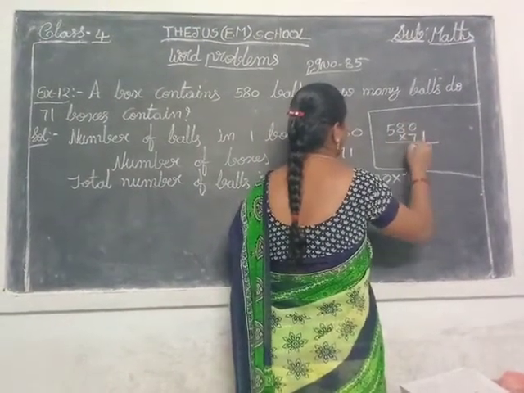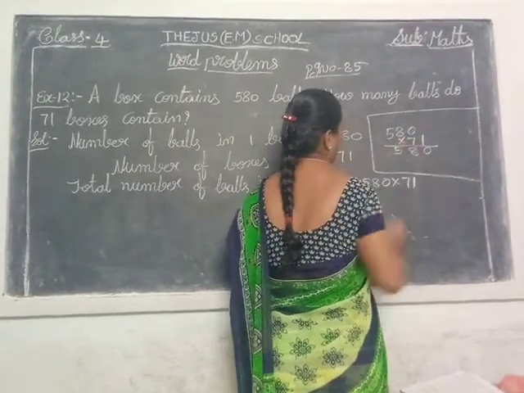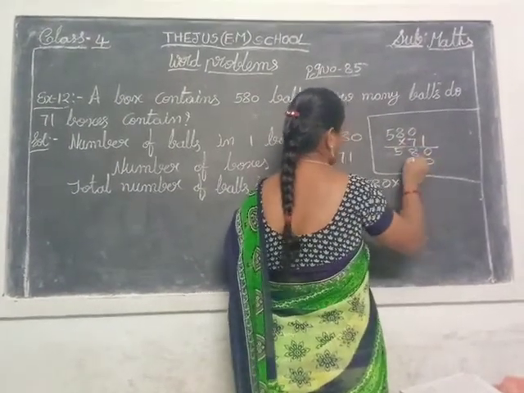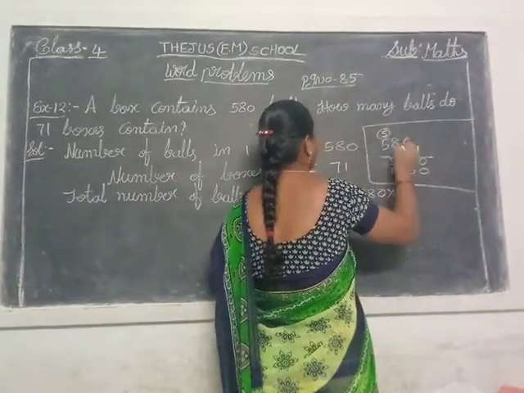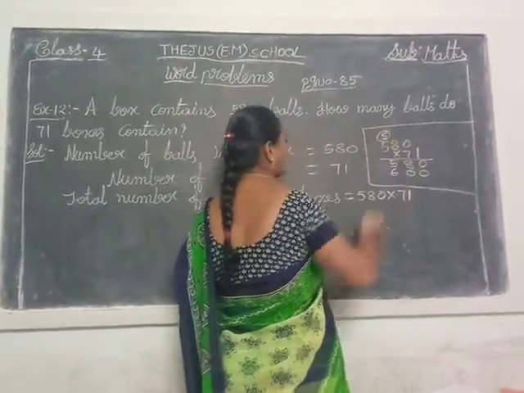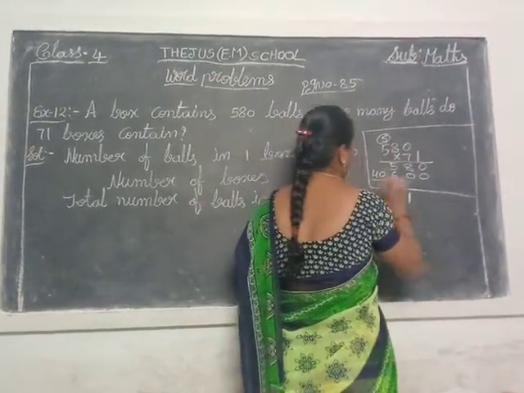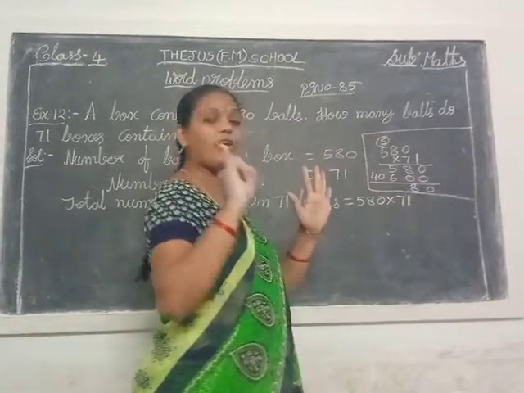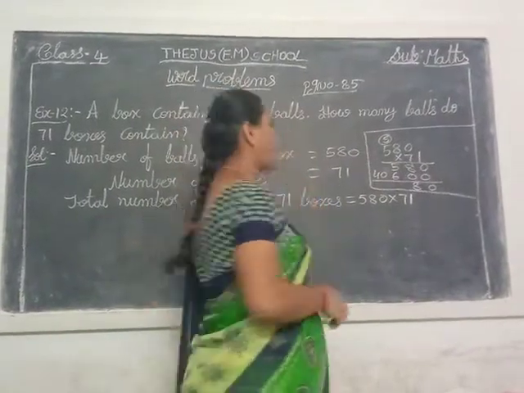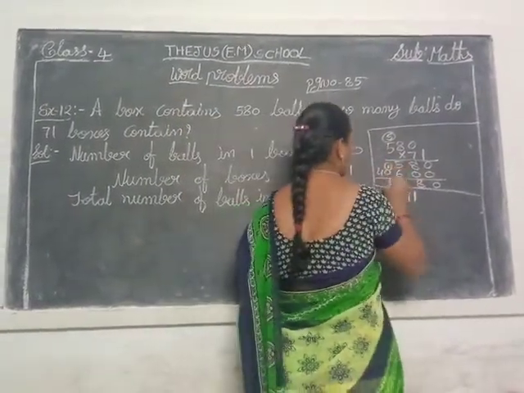1's place completed. So 10's place will start. 7 8s are 56, 6 and 5. 7 5s are 35 and plus 5, 40. So 0, 8 plus 0, 8. 5 keeping in mind, 16 plus 5 after 6, 7, 8, 9, 10, 11. So 1 and 1. So 1, 4.